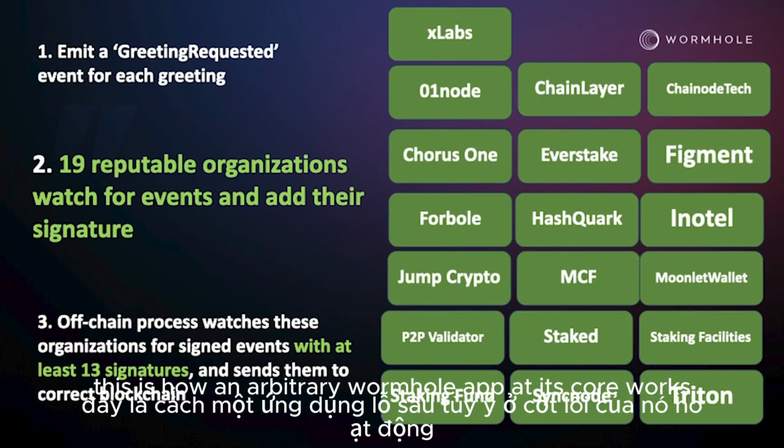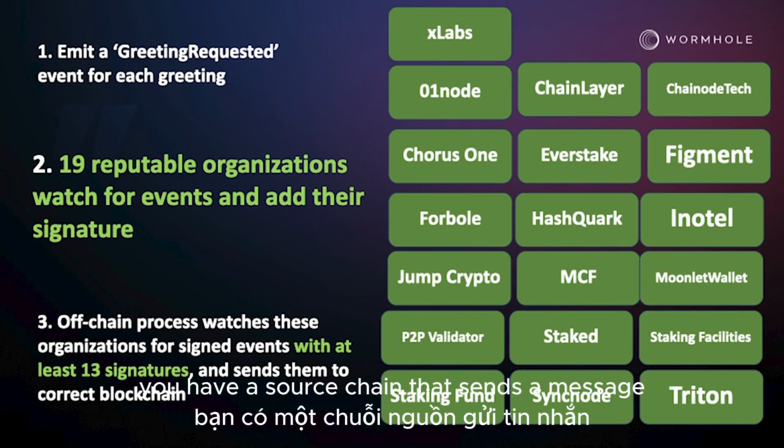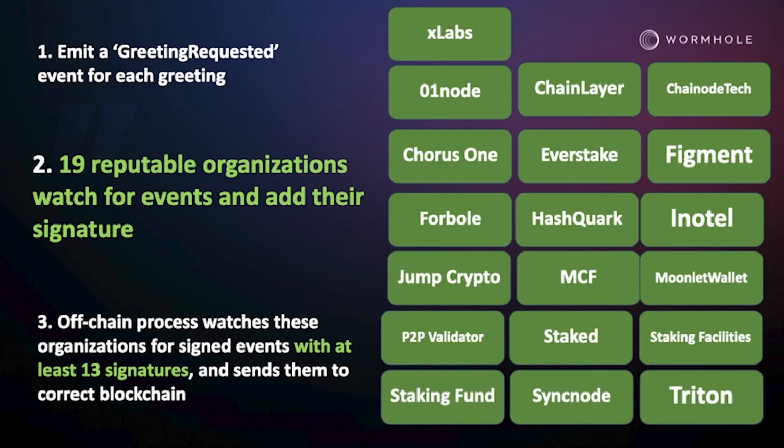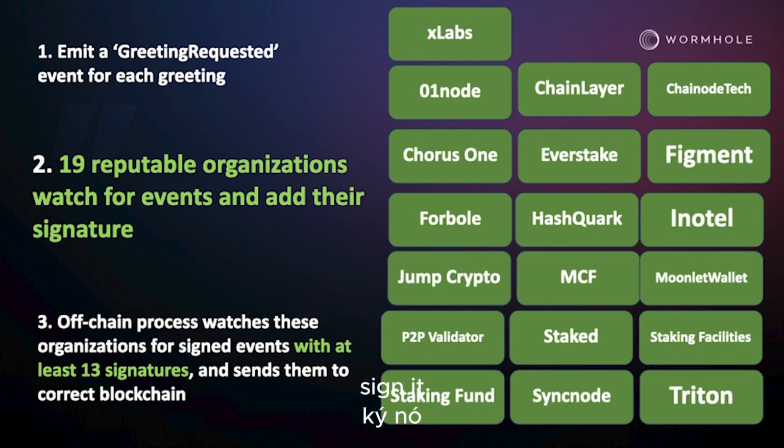This is how an arbitrary Wormhole app at its core works. You have a source chain that sends a message. 19 organizations watch for the message, sign it.